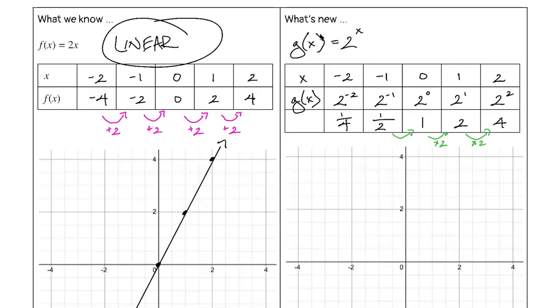Yeah, right? When we double 1/2, we get 1 whole thing. And when we double 1/4, we get 1/2. Okay? So it's different than our linear function because we're not adding the same number anymore every single time. We are multiplying by the same number every single time.